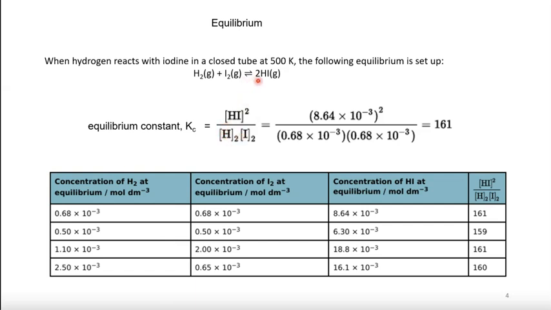If there are moles, it is raised to a power. We have 2 moles of hydrogen iodide, so the concentration of hydrogen iodide is squared.